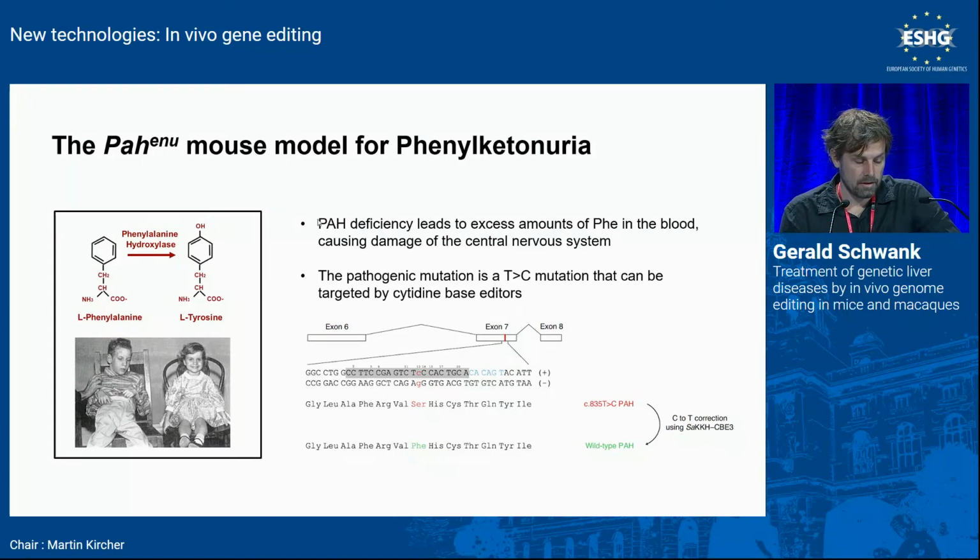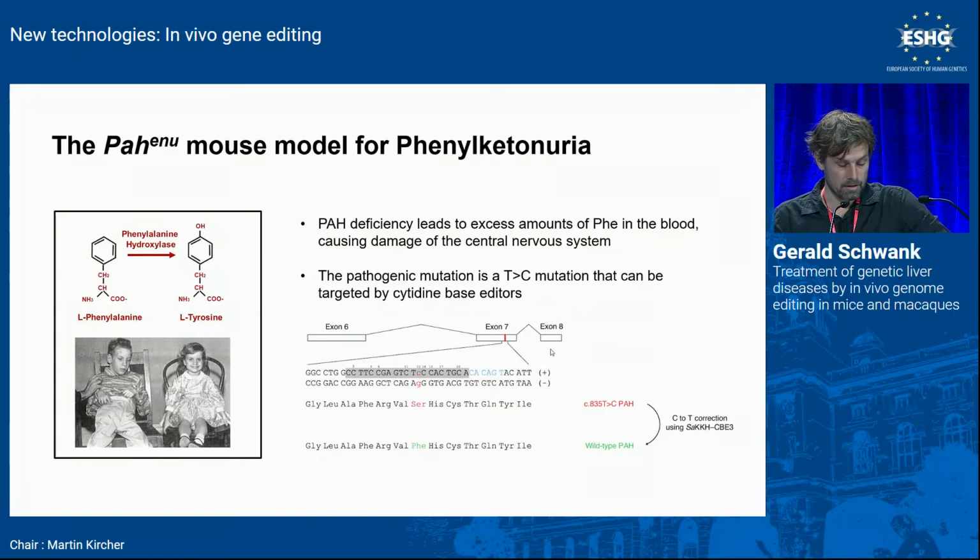It has a mutation in the phenylalanine hydroxylase, which leads to an excessive amount of phenylalanine in the blood, which causes damages in the central nervous system. Now, fortunately, in this mouse model the pathogenic mutation was a T to C mutation, which is a mutation that can, in principle, be corrected with a cytidine base editor.